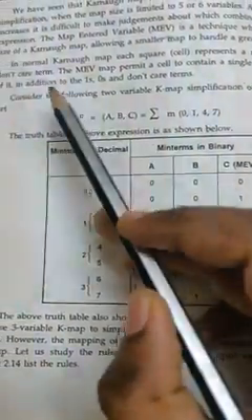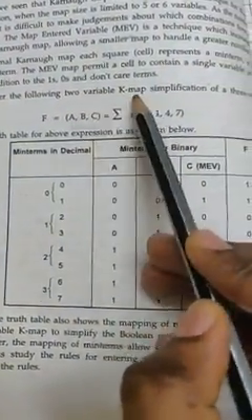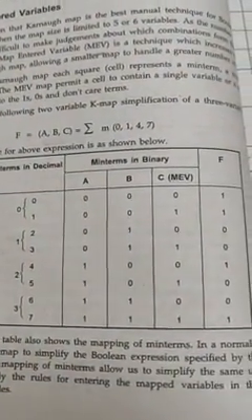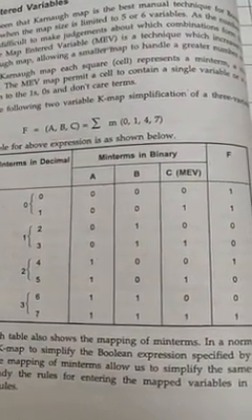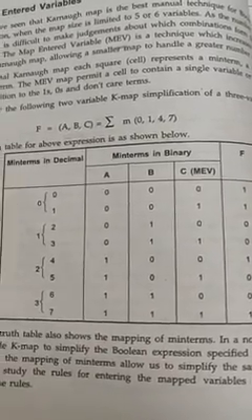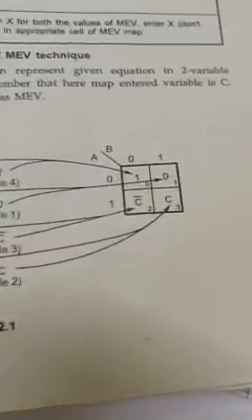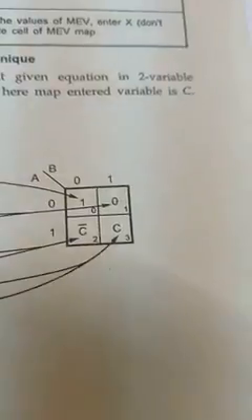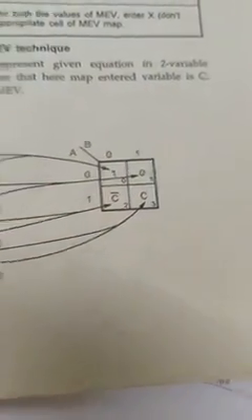But in case of map entered variable, the given expression is 3 variable, yet consider the following: 2 variable k-map simplification of the 3 variable expression. You need to simplify this 3 variable expression by using a 2 variable k-map, which looks like this. Hope you remember this 2 variable k-map.